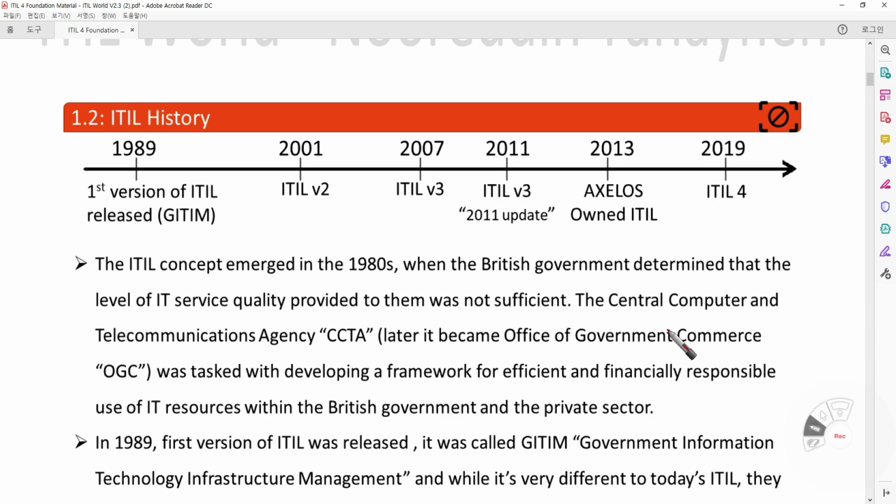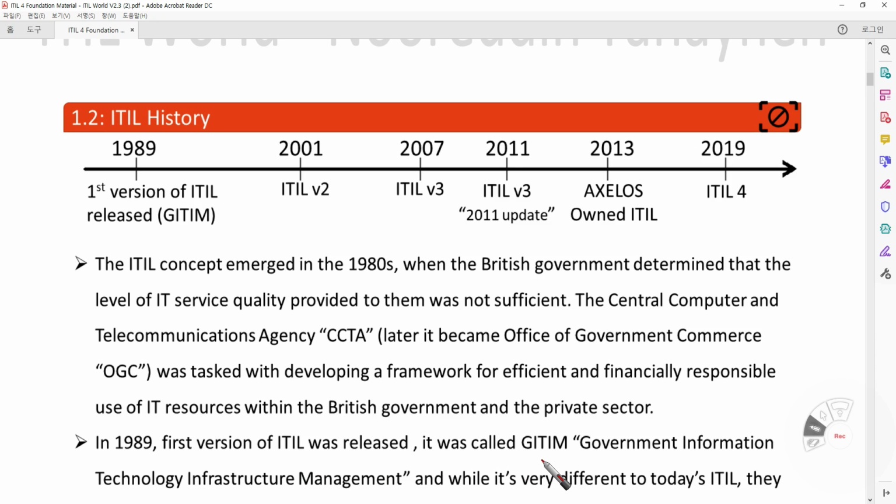The Central Computer and Telecommunications Agency (CCTA), later became the Office of Government Commerce (OGC), was tasked with developing a framework for efficient, financially responsible use of IT resources within the British government and the private sector. In 1989, the first version of ITIL was released.